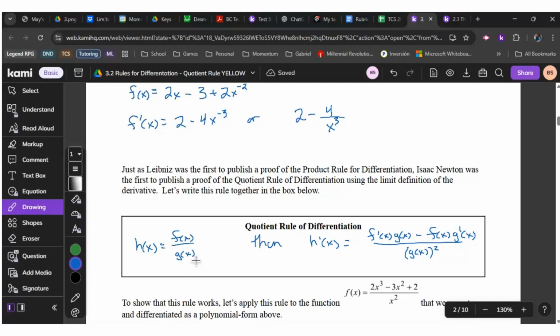Or, as I prefer to call it, low d high minus high d low. It's like a song. So let's take that song apart for a second.